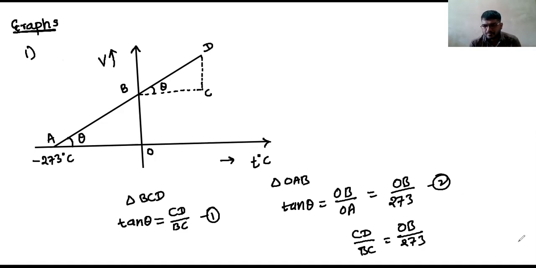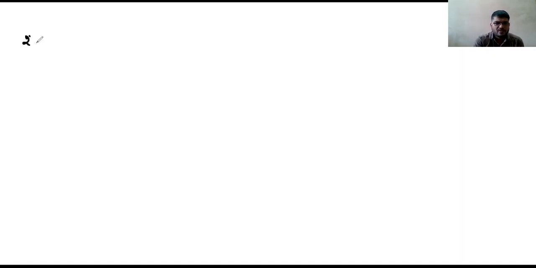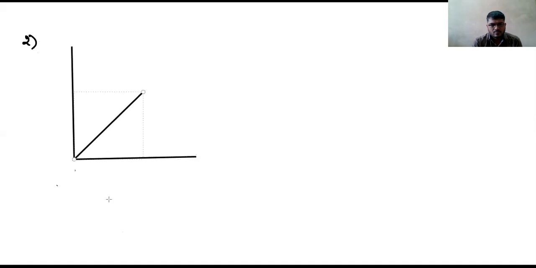Okay, next. Now the second graph. If you have a graph like this, how to find its slope? This is V and this is T on this axis, and they have given this angle as theta. Then in this case the slope is equal to what? Change in volume by change in temperature.